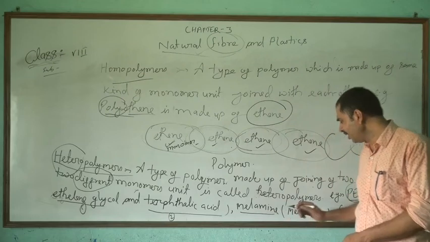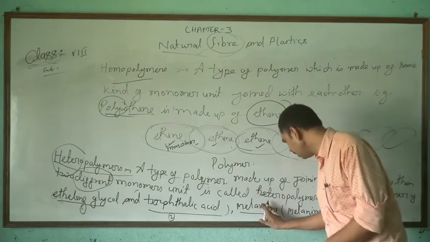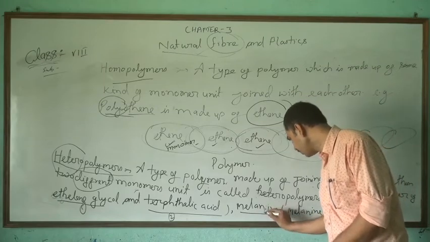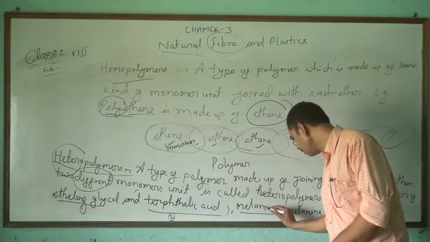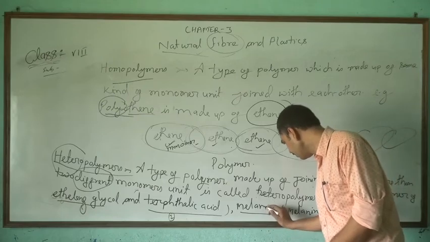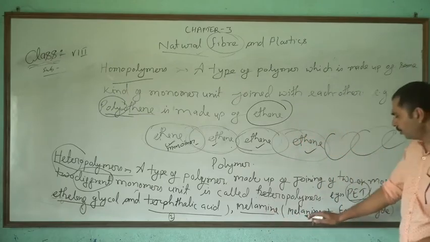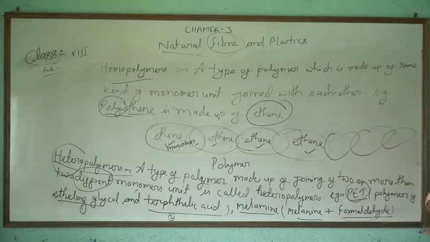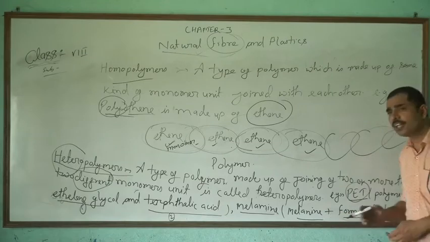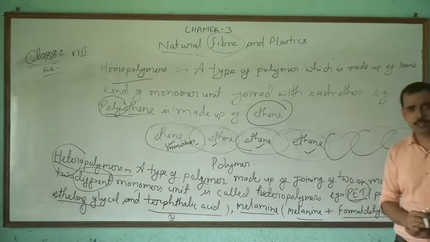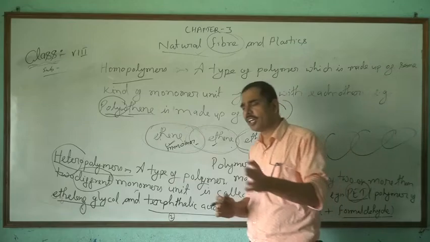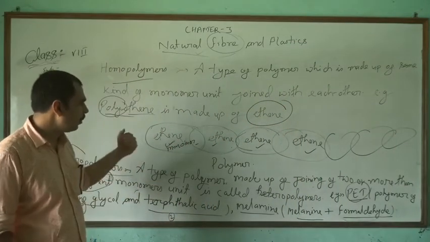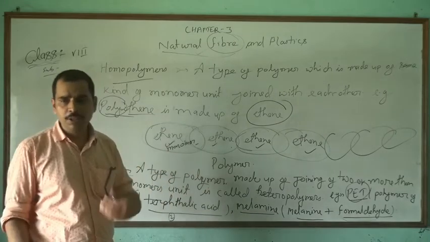Similarly, melamine formaldehyde is made up of melamine and the second unit is formaldehyde. These are organic compounds. What is an organic compound? A compound which is made up of carbon and its other forms is called a carbon compound. And carbon compounds are known as organic compounds.